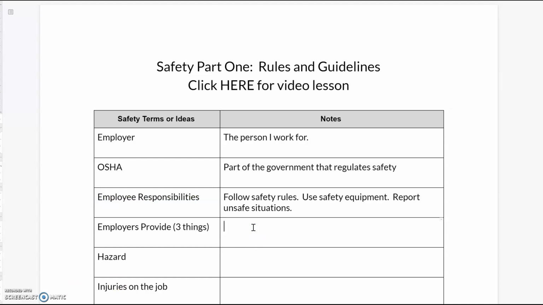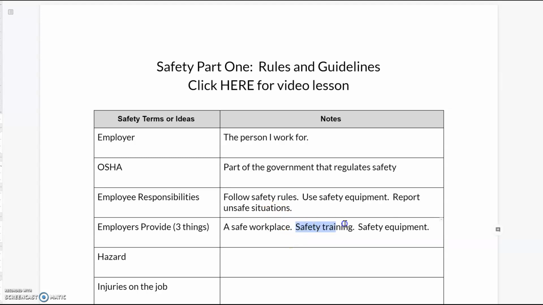You remember? A safe workplace as much as possible. Safety training, so you learn what's expected. And safety equipment.